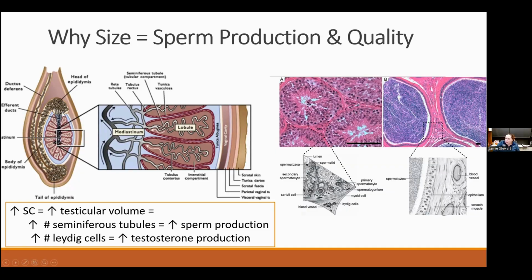They're going to go into the epididymis, and they're pretty much stored here in the tail until ejaculation. And then that's where they go to the rest of the reproductive tract. So if we have more testicular volume, our scrotal circumference is usually bigger, and that just means we have more of those little sperm making areas. And we also have more Leydig cells, which means we have more testosterone production.